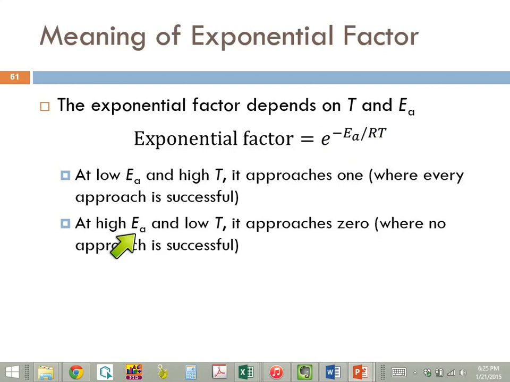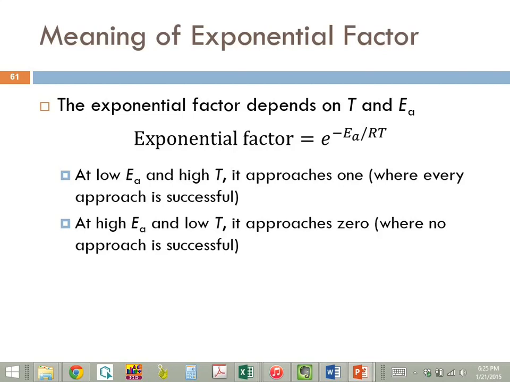At high activation energy and low temperature, this factor approaches 0. If the factor is 1, that means that every approach has enough energy. At higher temperatures, do molecules have more energy or less energy? They have more energy.